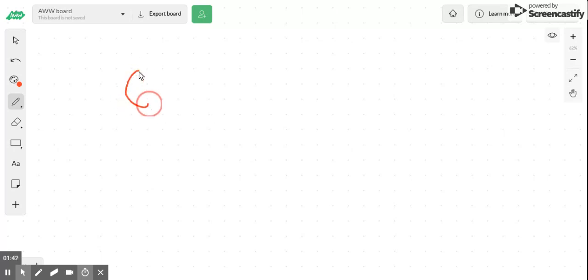So suppose we have 6 over 2 plus 7 over 3. In this situation, since the denominators are not equal, you cannot just do 6 plus 7 equals 13 over 5.